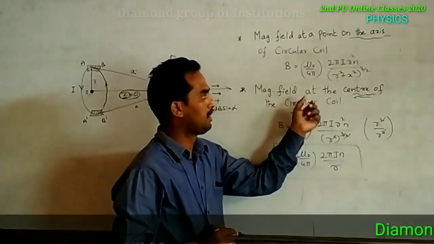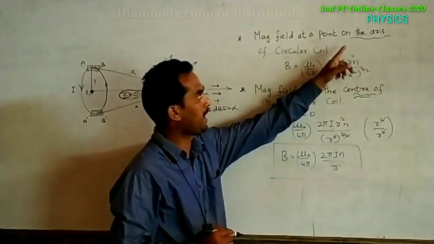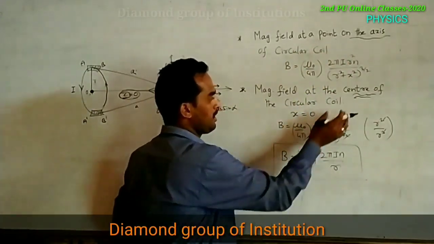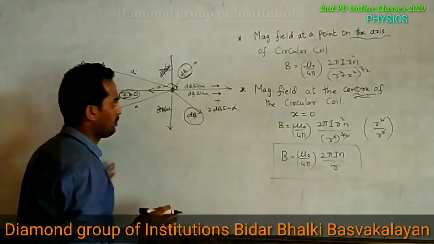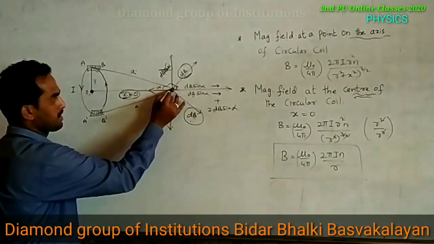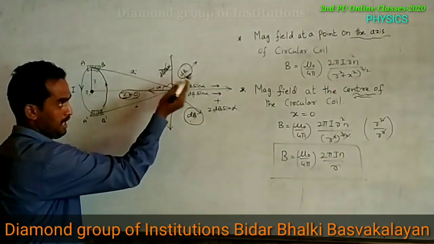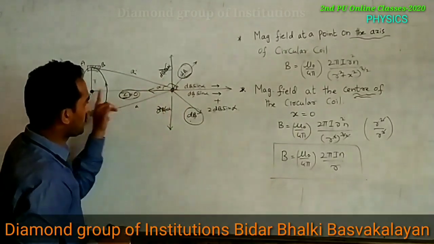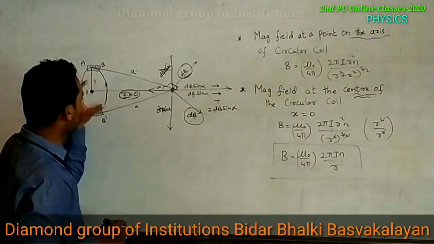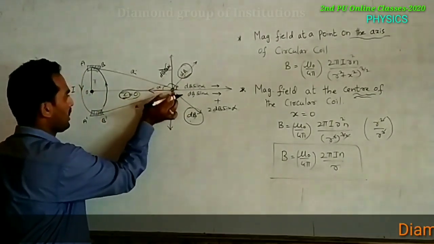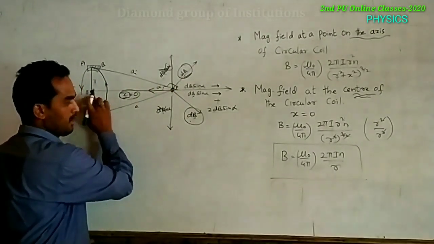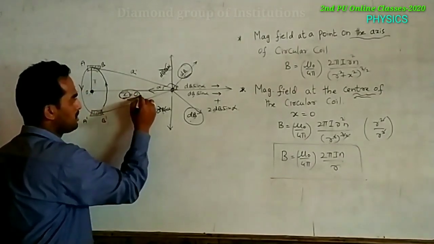So to deduce the relation from the axis of the circular coil, in place of x we have substituted 0. Why? Because in the last session the point P was at a distance x from the center of the circular coil, but now we are keeping the point P exactly at the center. So the value of x becomes 0.